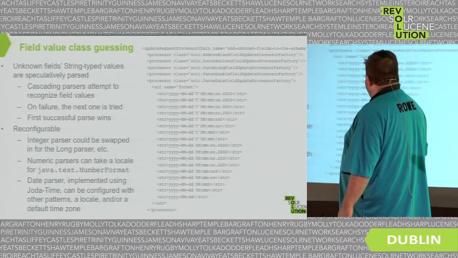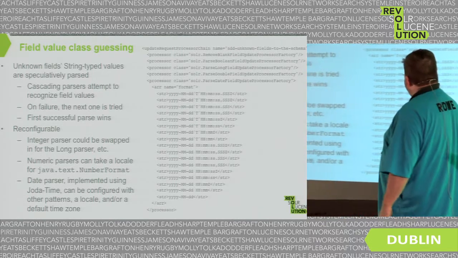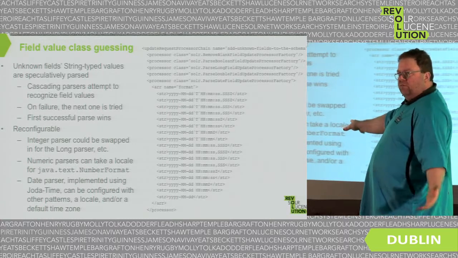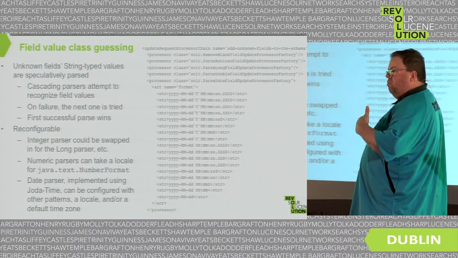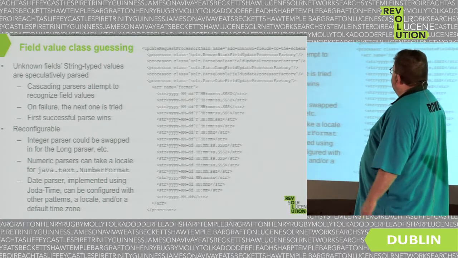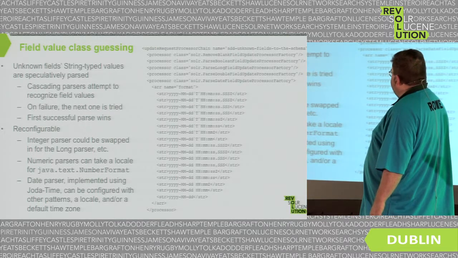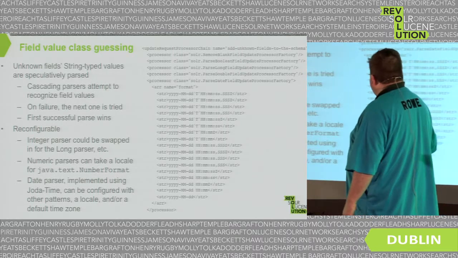So if you have dates that you can't convert to other formats easily, this is something that you can use independently of Schemaless Mode to do date detection and apply a date type so that it gets recognized as such.